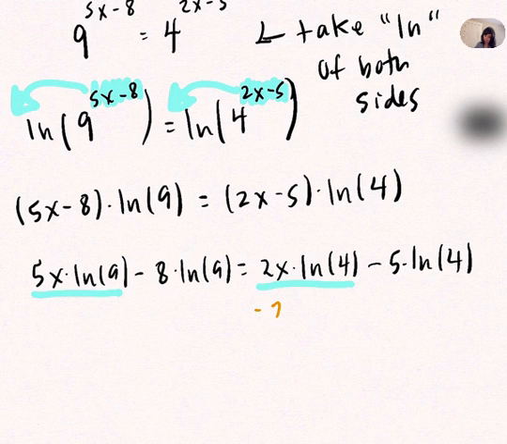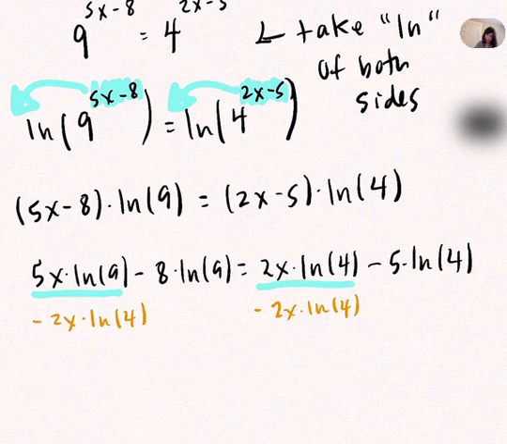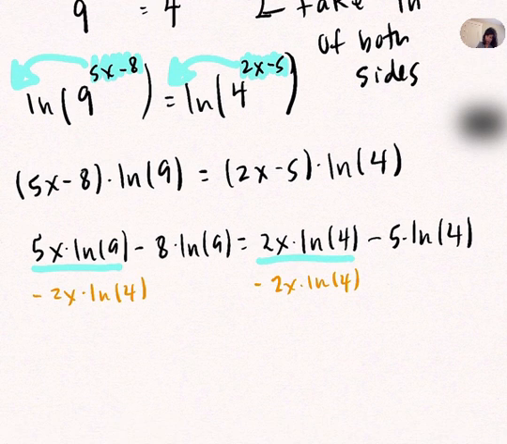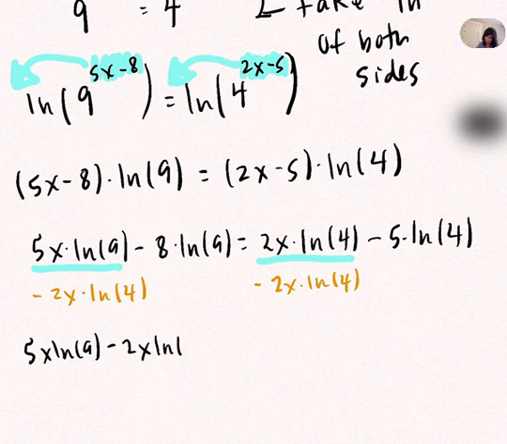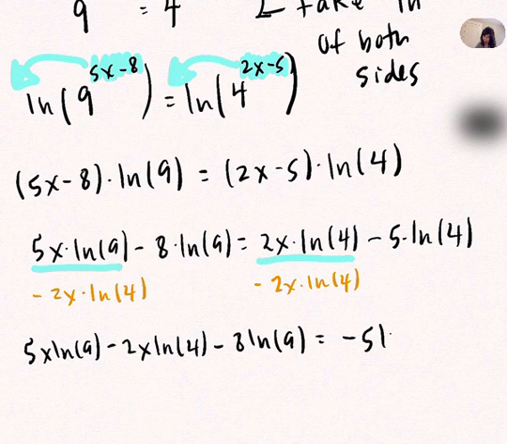So I'm going to subtract 2x times ln of 4 from both sides here to get 5x ln of 9 minus 2x ln of 4 minus 8 ln of 9 equals negative 5 ln of 4.